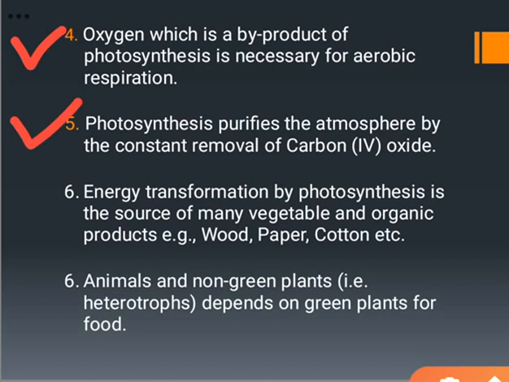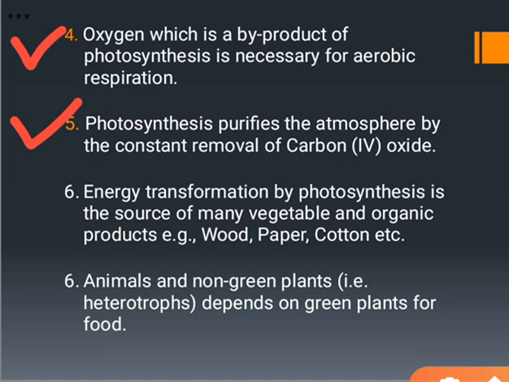Number 5. Photosynthesis purifies the atmosphere by the constant removal of carbon dioxide. Carbon dioxide must not be too much in the atmosphere. In fact, when it is too much, it is able to bring about further reactions that are going to affect living organisms.